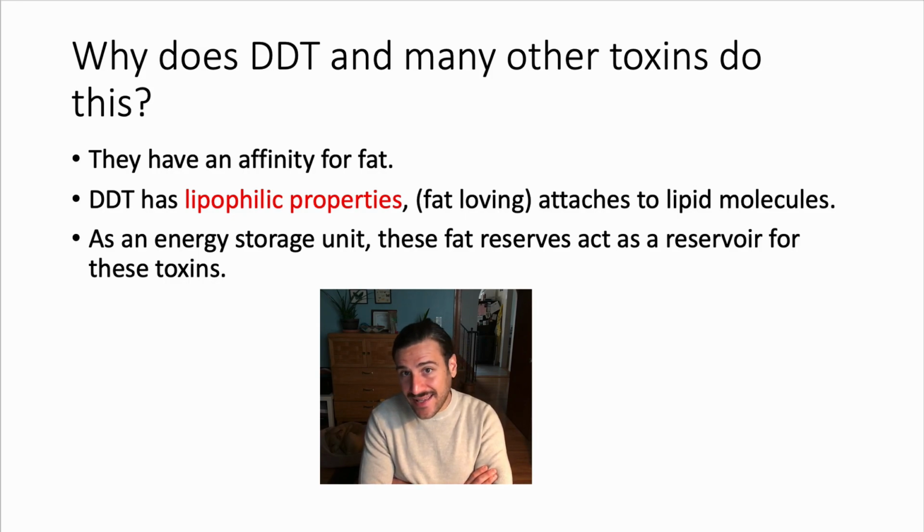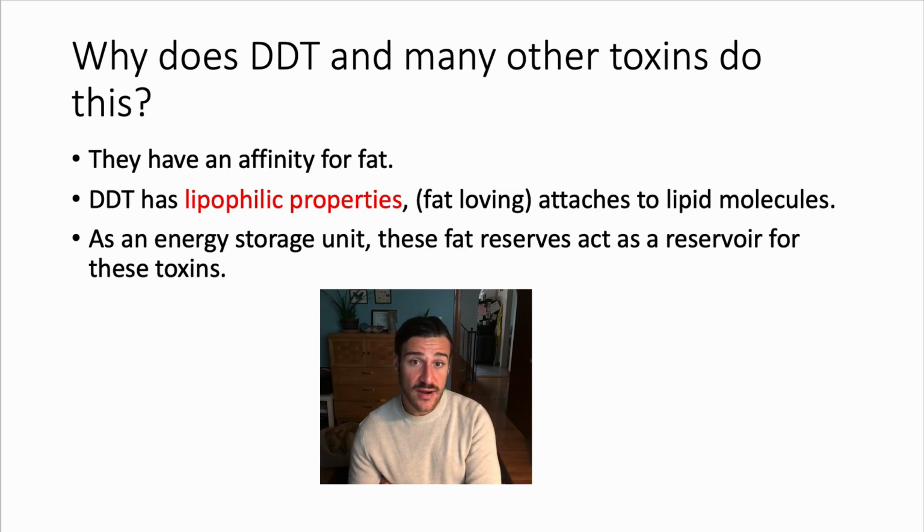So DDT is stored in fat, and animals store fat in case of emergencies. Evolutionarily, there are hardships that occur in ecosystems, and organisms might have to tap into their fat reserves, but they usually don't. So DDT is stored just as fat is stored without being fully utilized. So again, these are reservoirs for DDT.